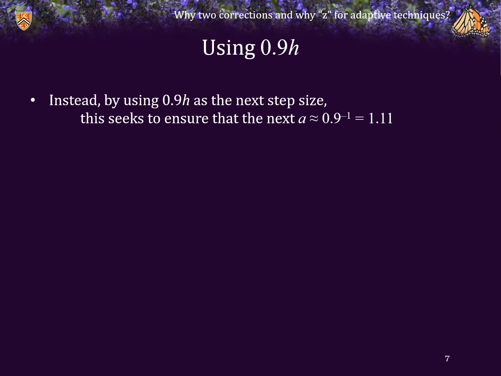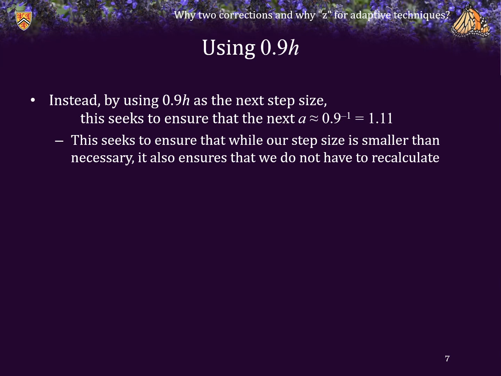Basically, this ensures that with the next step, a will always be probably greater than 1. So this ensures that while our step size is smaller than necessary, which is unfortunate, it also ensures that we will not have to recalculate very often.